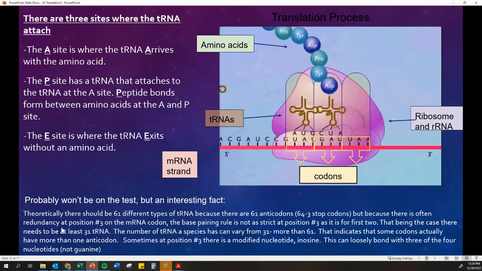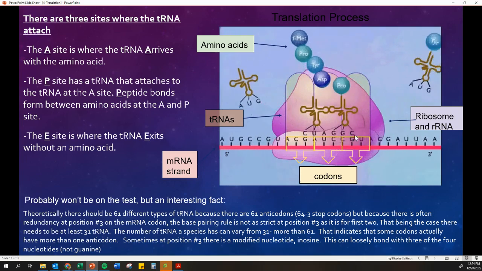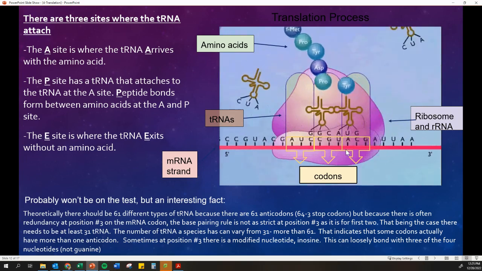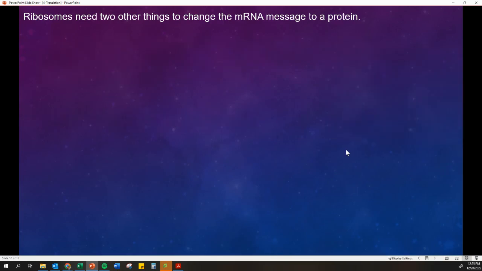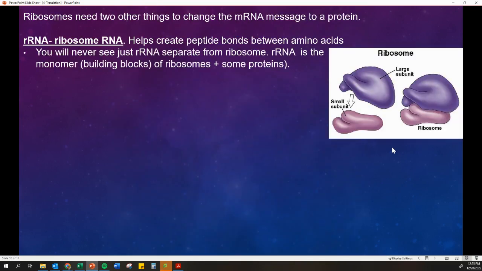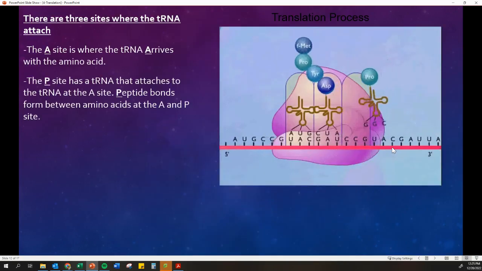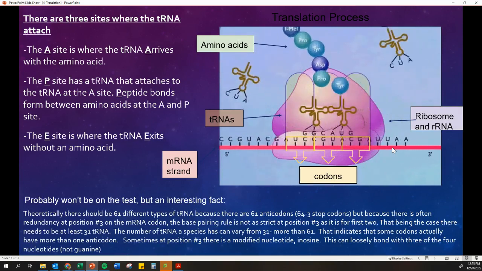But because of redundancy, the base pairing rules aren't as strict on that last one, which is why you might notice on our charts, let's go back really fast. Oftentimes A, C are very strict, but any of these last 3 could make for threonine. So we can have the same one be used for a couple of different codons.